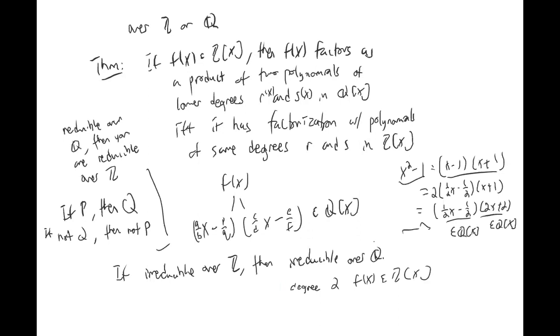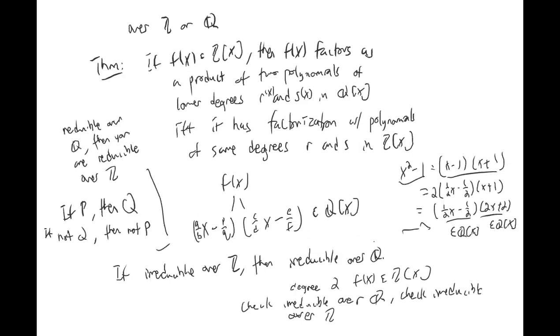But if the question is to check irreducible over Q, so I can't factor it as linear factors over Q, instead of doing that, I just need to check irreducible over Z. Does everyone see how powerful that is?